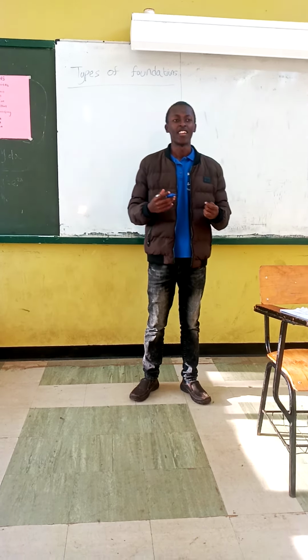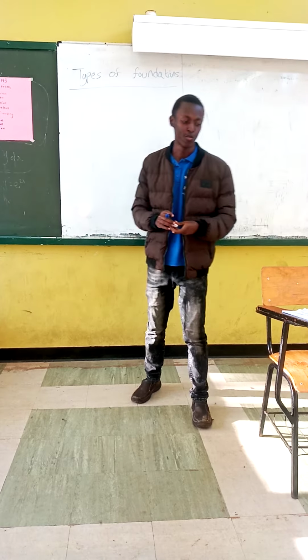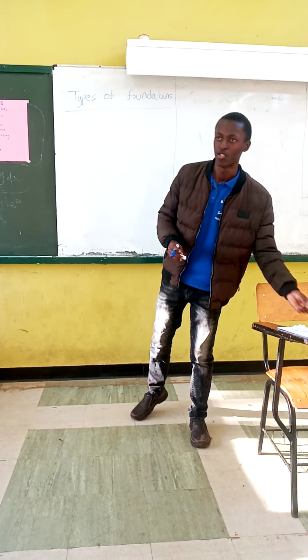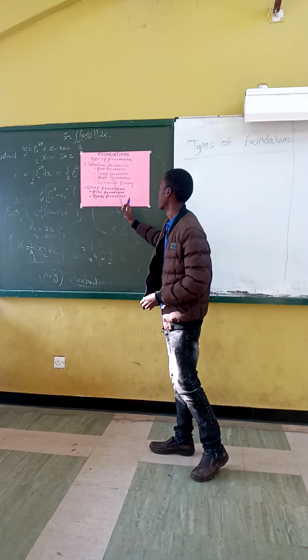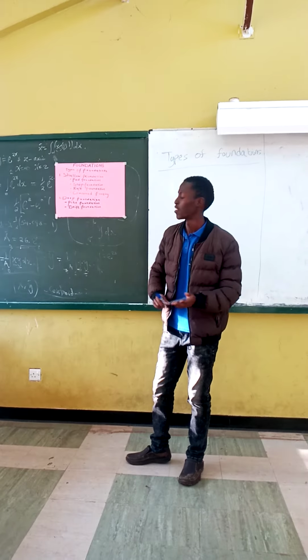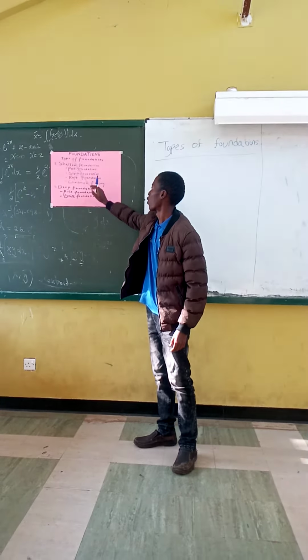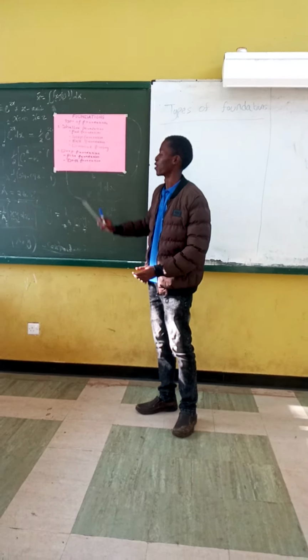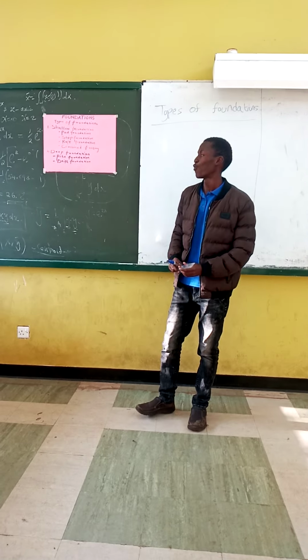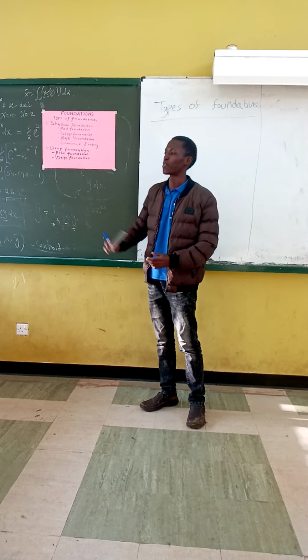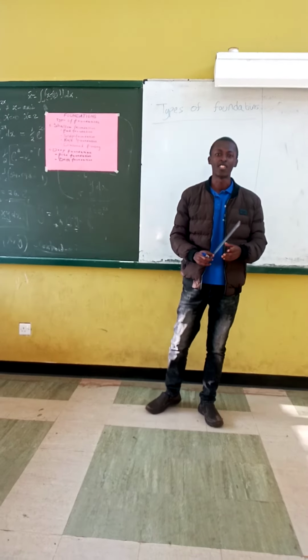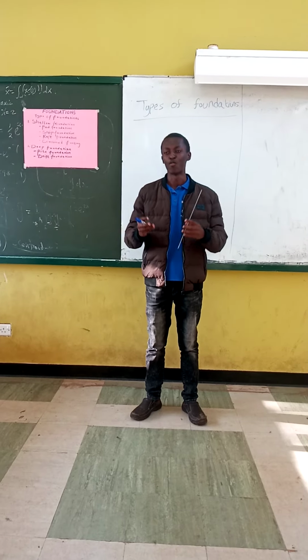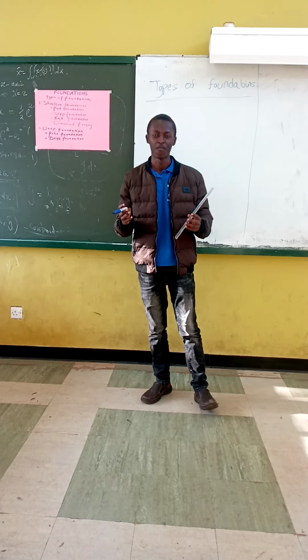Now, when you want to talk about the various types of foundations, we'll start by categorizing the two types: we have the shallow foundation and we have the deep foundation. The shallow foundation is used for structures which are not so complex, or not so heavy.